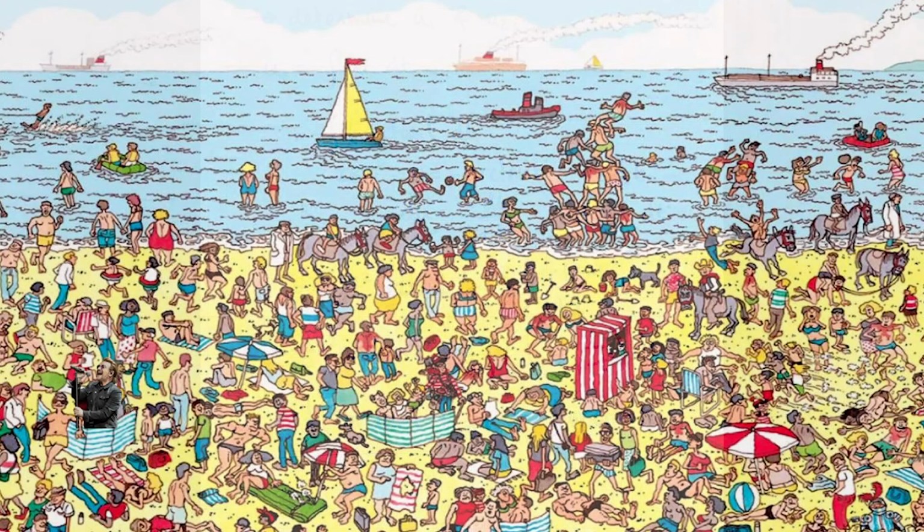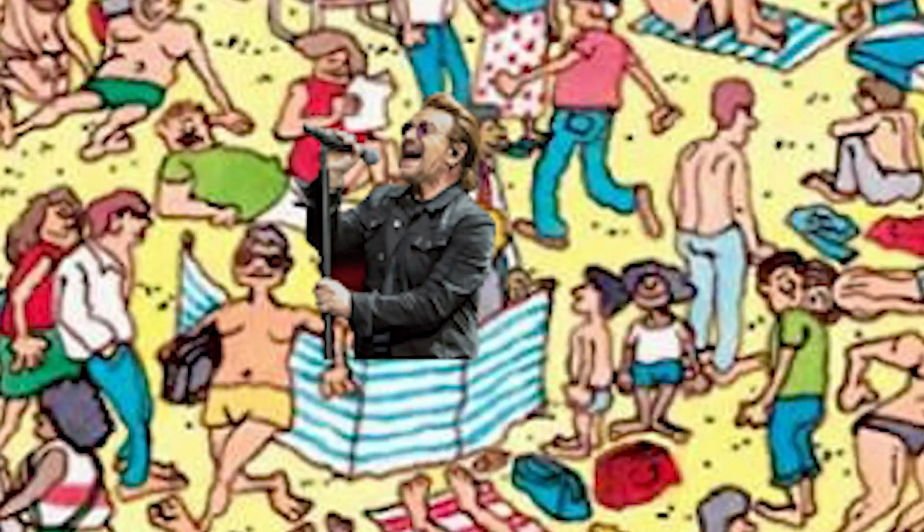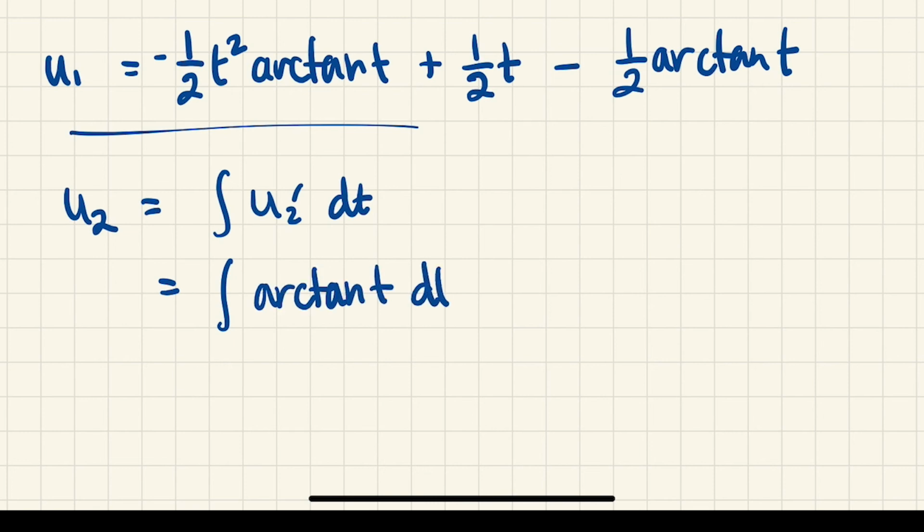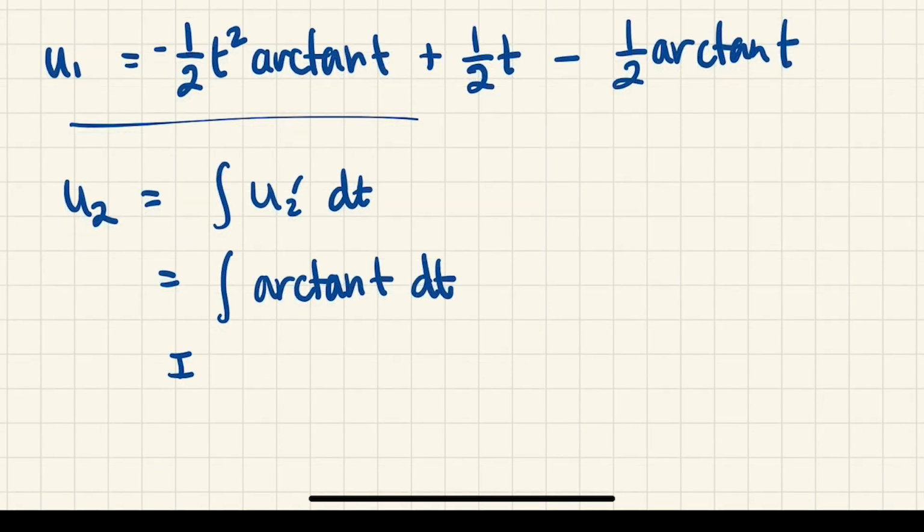Okay, so now let's find u2. So u2 is the antiderivative of u2 prime, and u2 prime was arctan of t dt. So this one also will require parts, but it'll be a little bit easier than the last one.